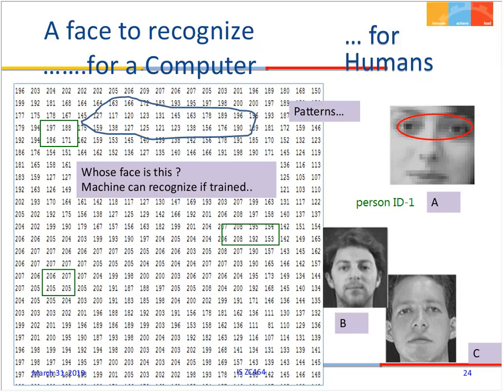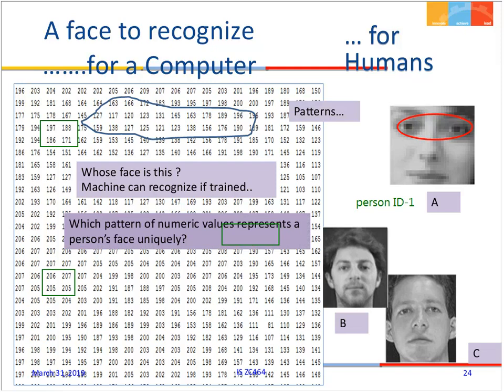So 197, 188, 186, 171, 206, 207, 205, 205, 208, 195, etc. makes a feature vector for one person whose label we have already used as yi to train our system. Now its responsibility will be to compute the weights, pick up the same features for the unknown face image, and then classify.